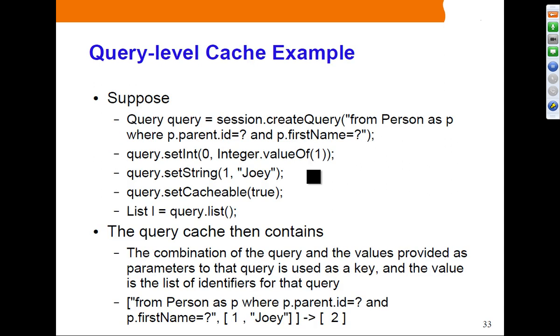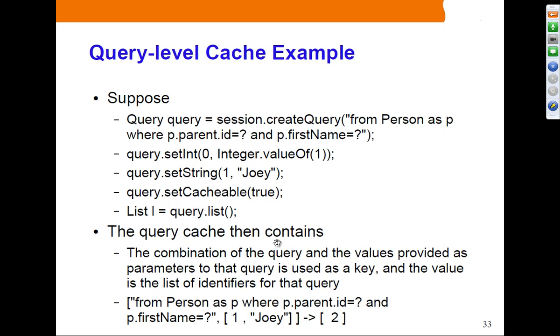So this is an example. Suppose we have created a query: from Person p. This is actually the query object, and then we are setting these positional parameters. Then you set this query as cacheable. When you set cacheable true, it will be cached in the query cache.